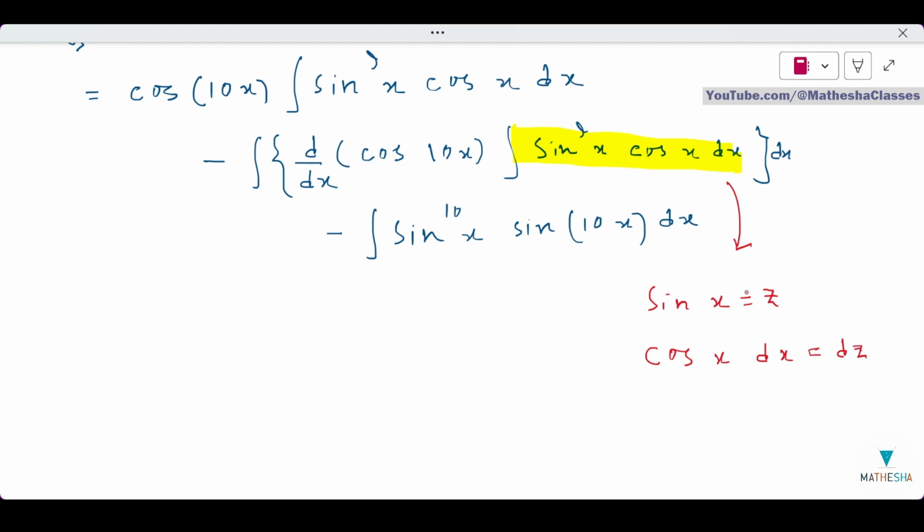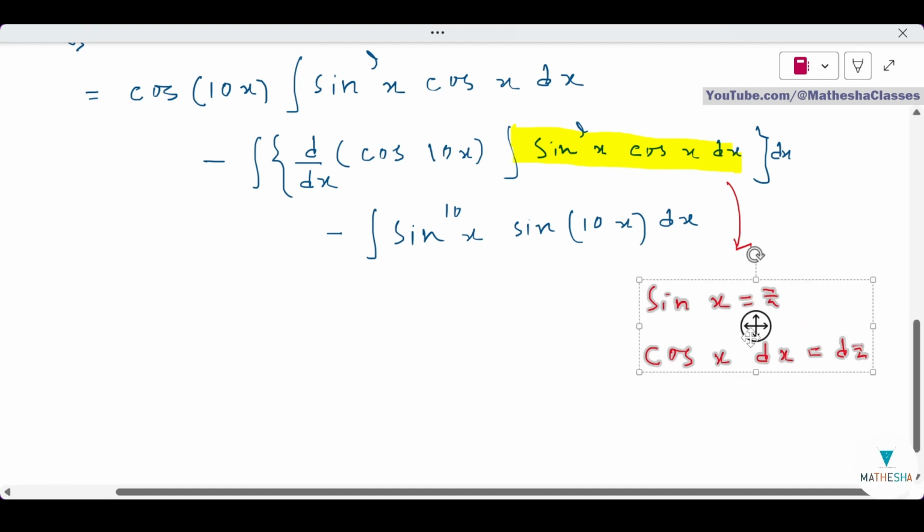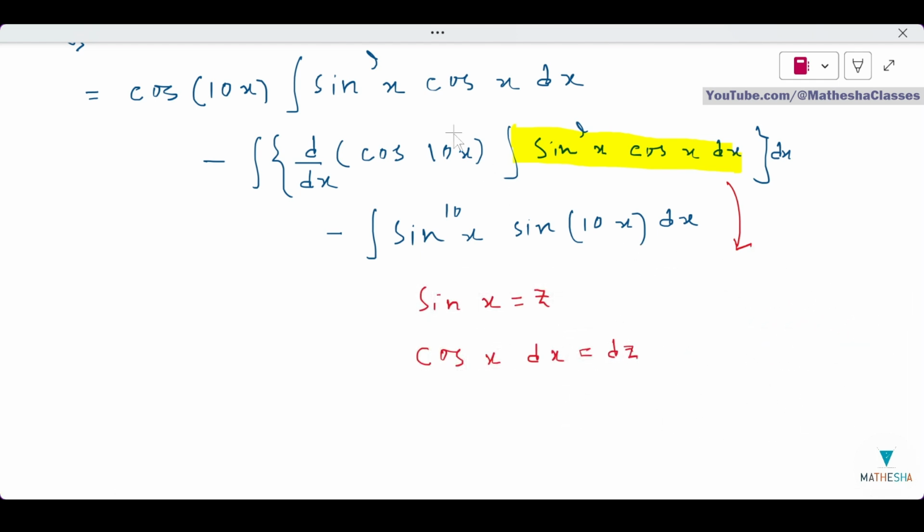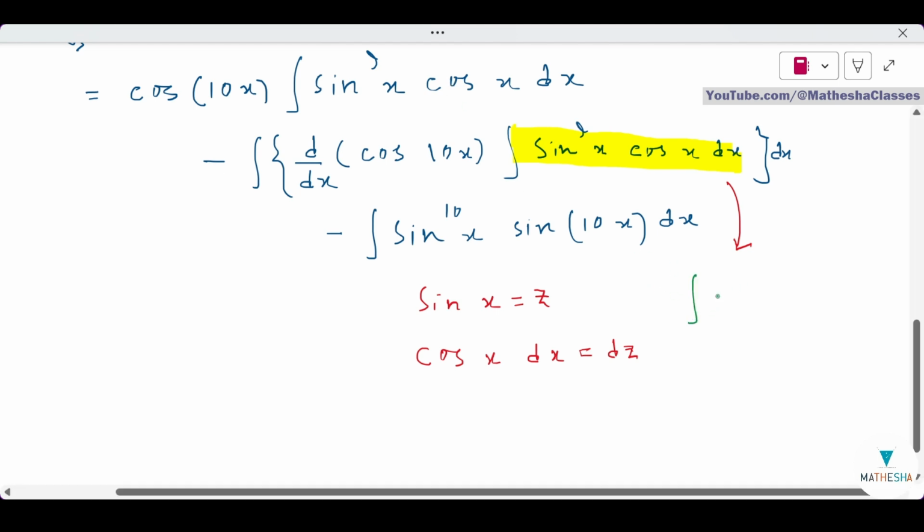So definitely using this substitution, this integration will turn to z to the 9 dz.